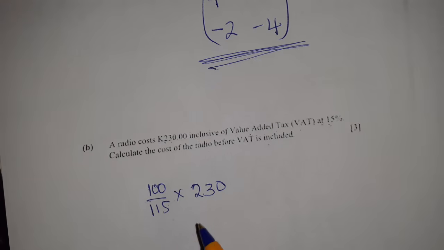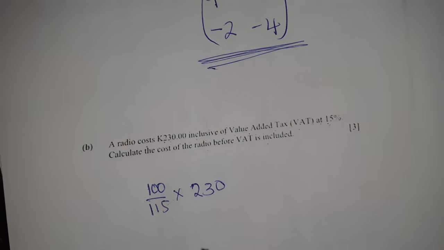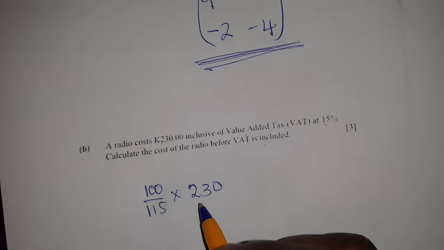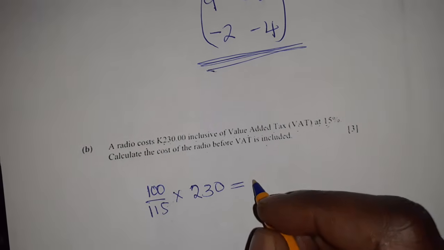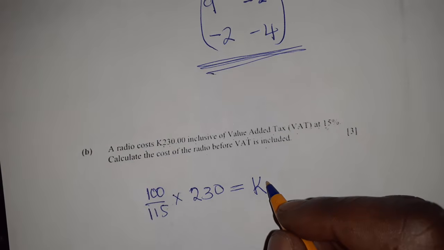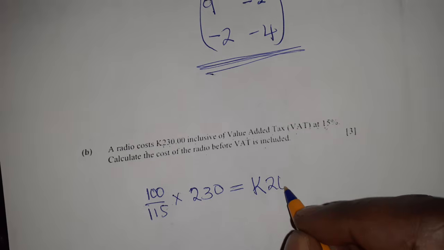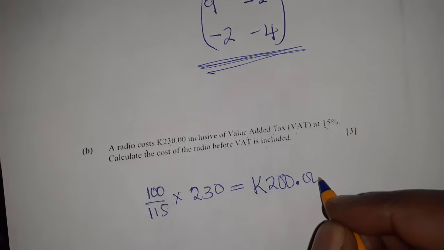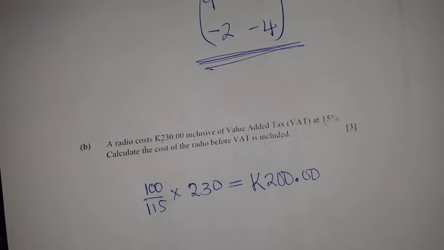So you calculate this, and what do you get? You break it down, and you discover that here we are going to get 200 kwacha. That is the 15%.